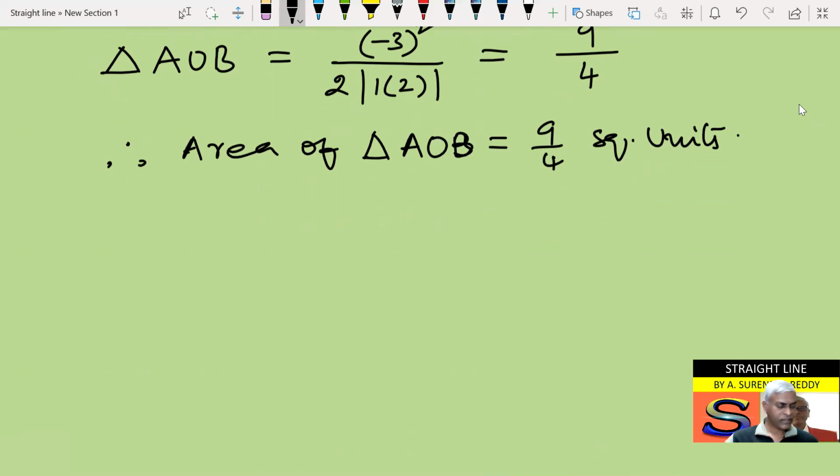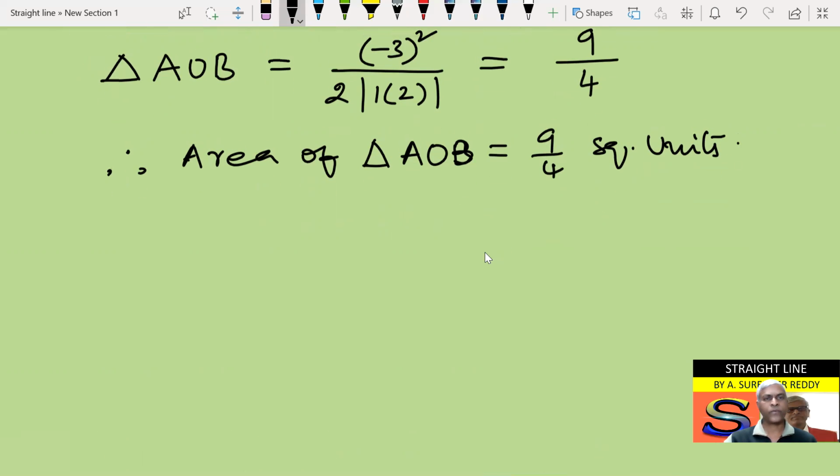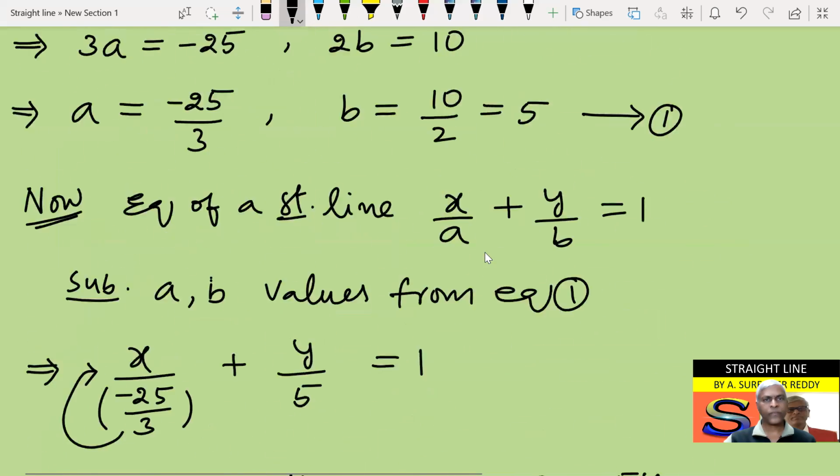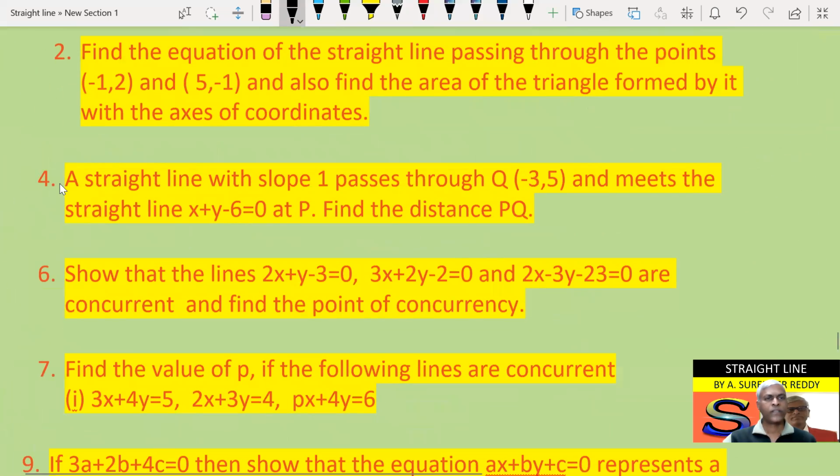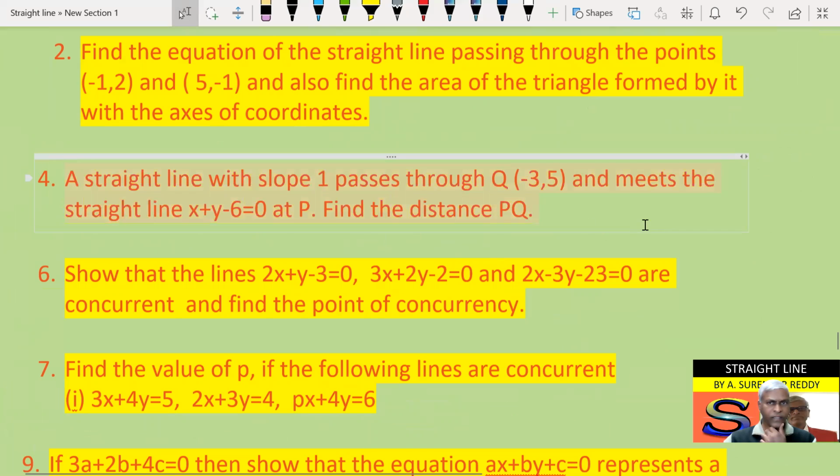So now let us take up one more problem. The third one. A straight line with slope 1 passes through point Q and meets the straight line at P. Find the distance PQ. We did similar problems in the previous classes.